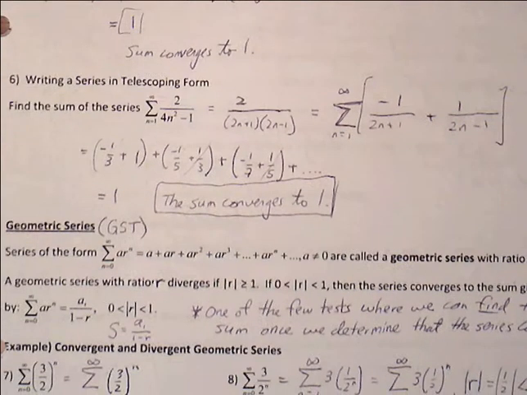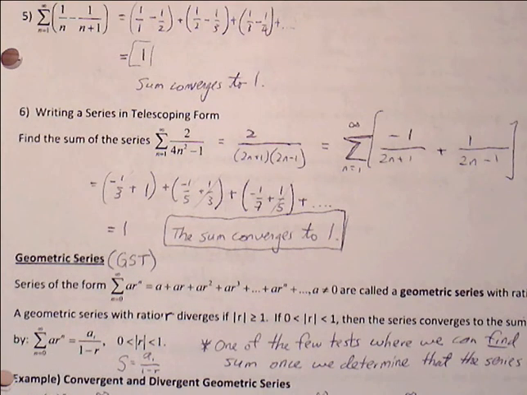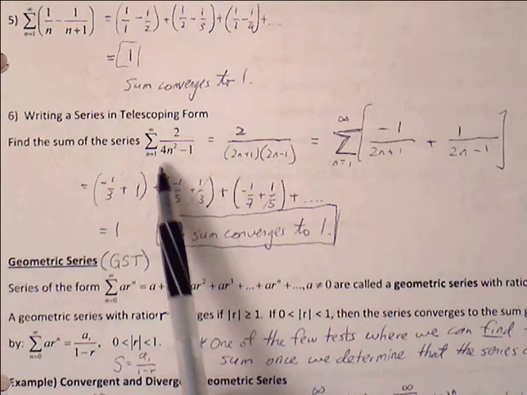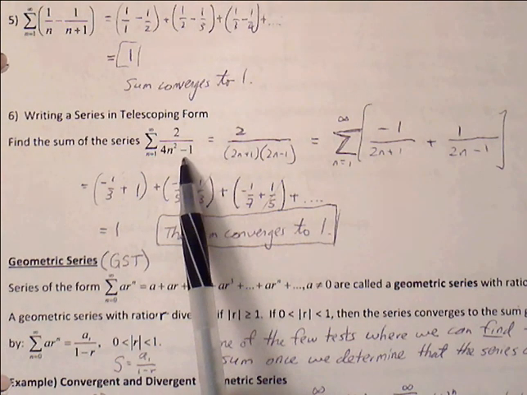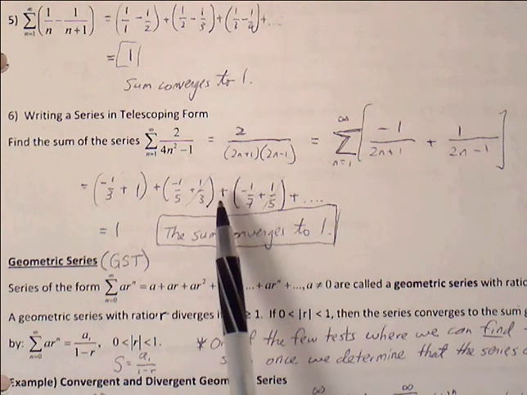We can also write, looking at example 6 here, writing a series in telescoping form. Find the sum of the series of the summation of 2 over 4n squared minus 1. If we factor the denominator, we get 2n plus 1 times 2n minus 1.